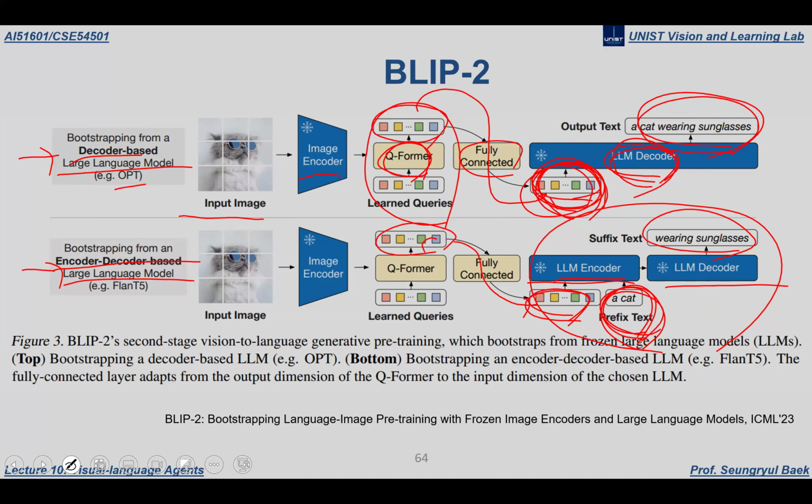The thing we have to notice here is that the LLMs are frozen. So in BLIP, they do not explicitly train the LLMs, but train only the Q-Former, which is the transformer that manipulates the queries to the LLMs. Okay, that's BLIP.